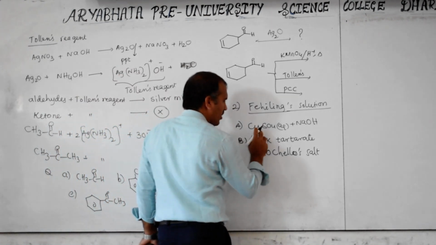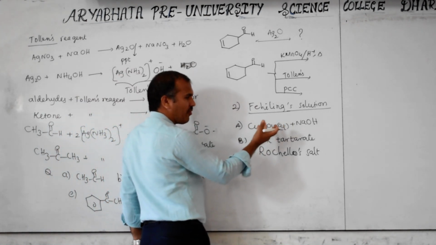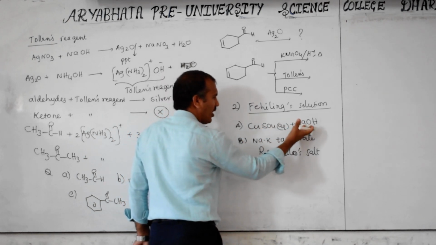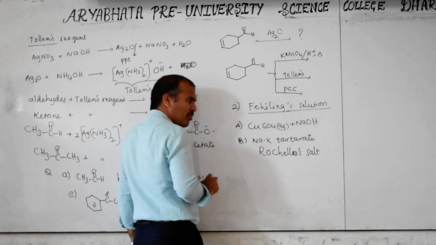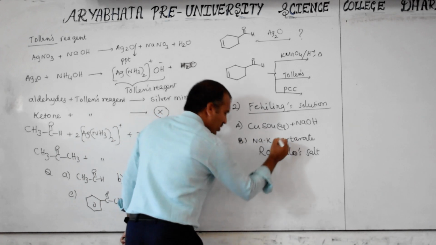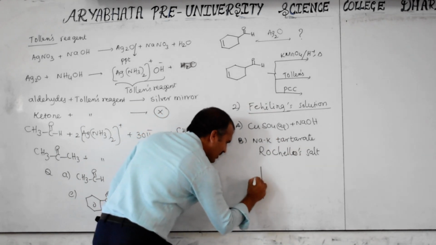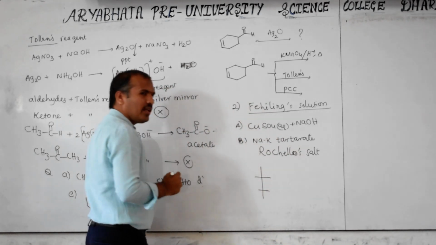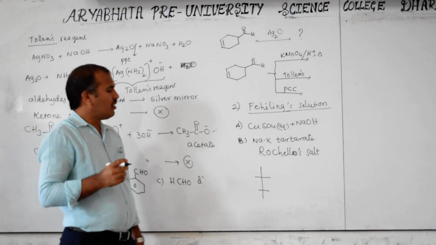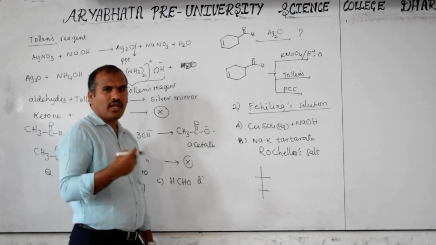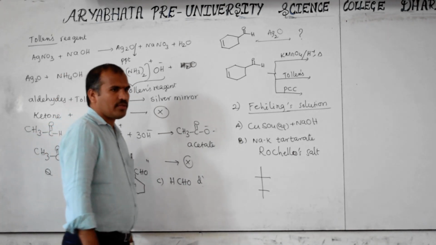This is well known, and there is no explanation required. Copper sulfate and so on. So what is sodium potassium tartrate? First, you know tartaric acid. You may have studied this in first year in general organic chemistry, in optical isomerism.